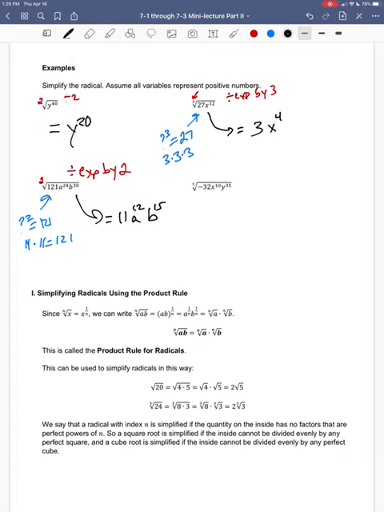Okay, and my final example like this, I've got this 5th root of negative 32 x to the 10th y to the 35th. So we do know again it's a 5th root, so that means I'm going to divide the exponents by 5. But this negative 32, I have to think what to the 5th power is negative 32, and of course that's negative 2.